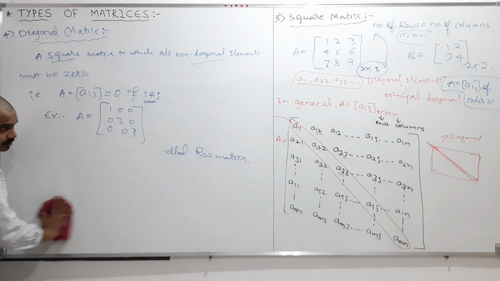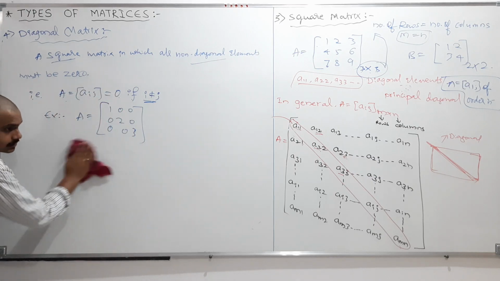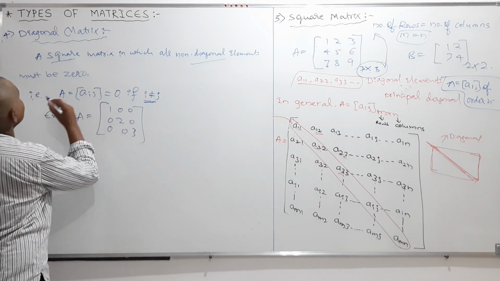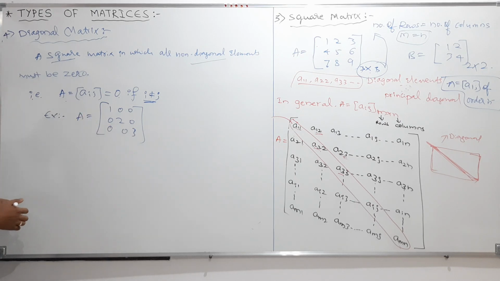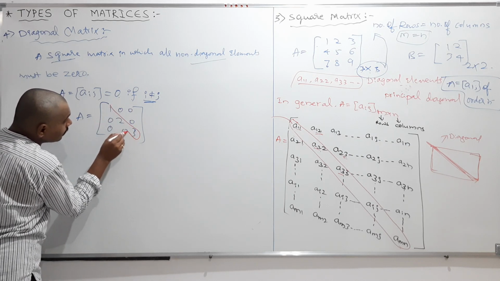Of course, it's not possible to tell, but you can think yourself. Is it? Yes, my dear students. Yes, this is a diagonal matrix because all this is your diagonal.